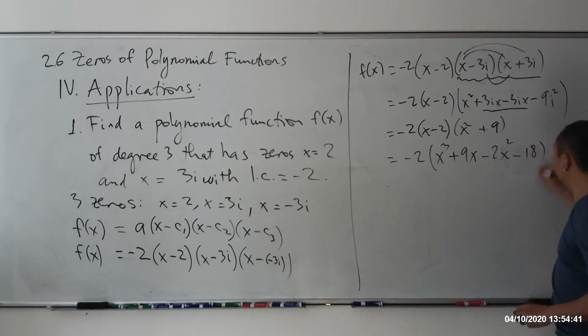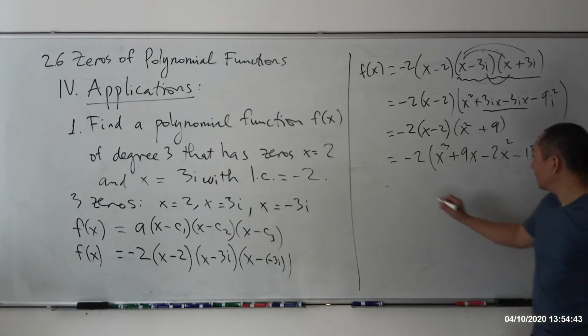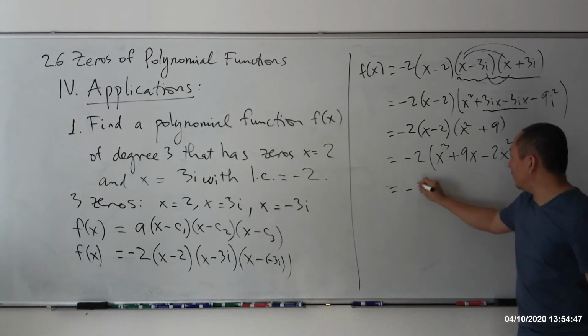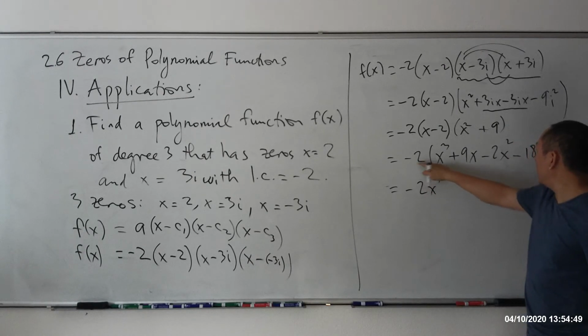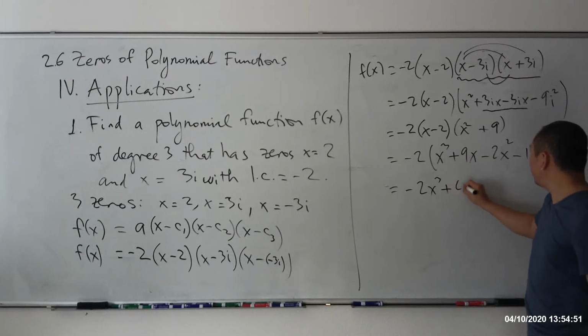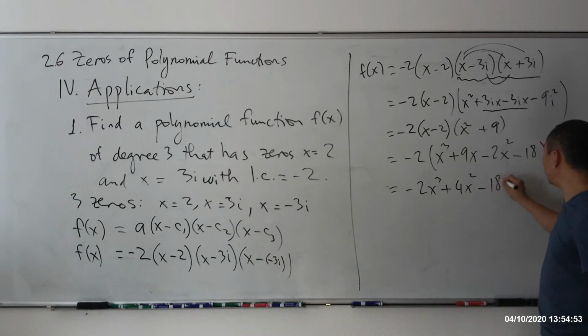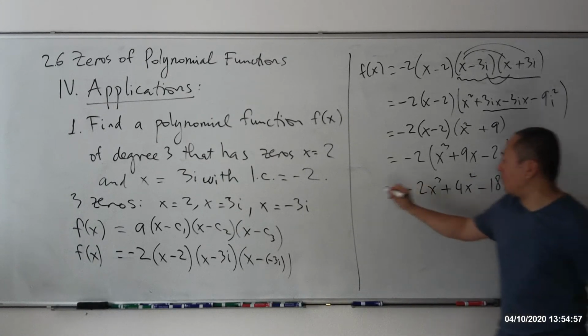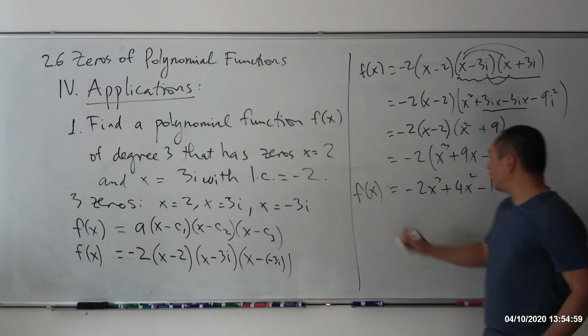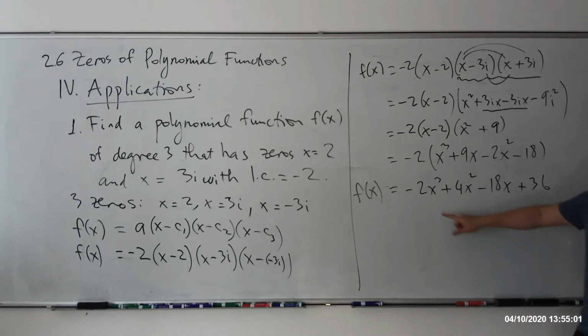Negative 18. All right. Distribute negative 2. Let's rearrange the sum at the same time. So negative 2x cubed, negative 2 times negative 2 plus 4x squared minus 18x and plus 36. You have the answer. And this is our polynomial f of x of degree 3 with leading coefficient negative 2 and has 3 zeros, 2, 3i, and negative 3i.